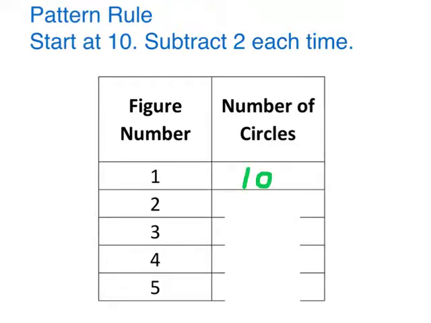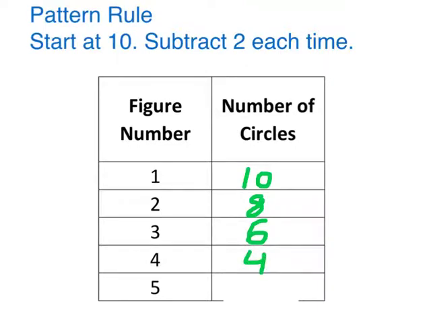So figure 1 would have to have 10 circles if the pattern rule states that we start at 10. And when we subtract 2 from 10, so 10 minus 2, we get 8 in the second figure. And if we subtract 2 more, we get 6 in figure number 3. And we subtract 2 more, and we get 4 in figure number 4.